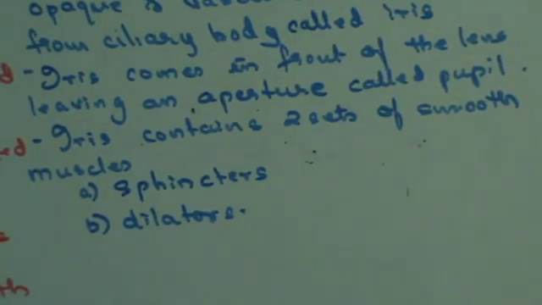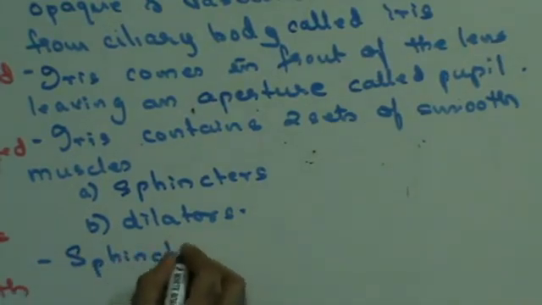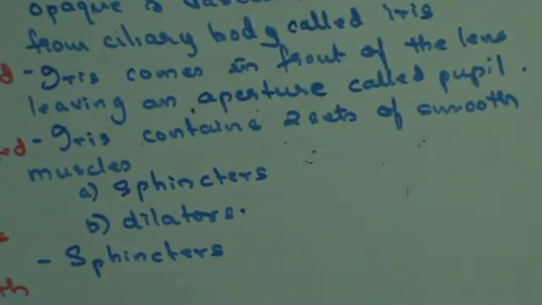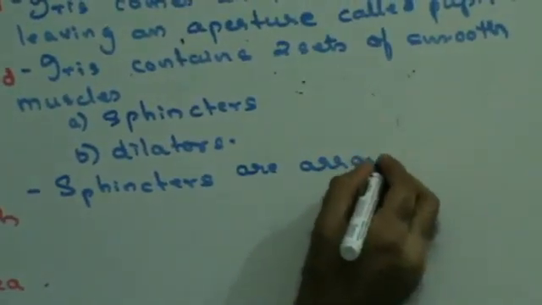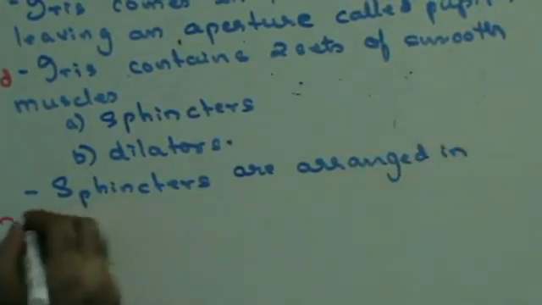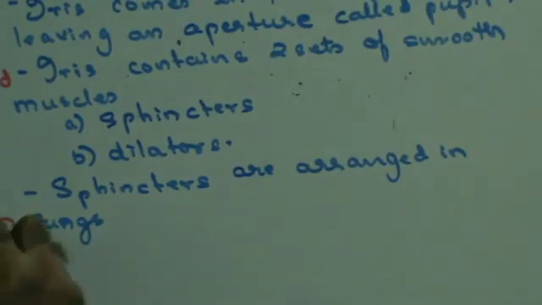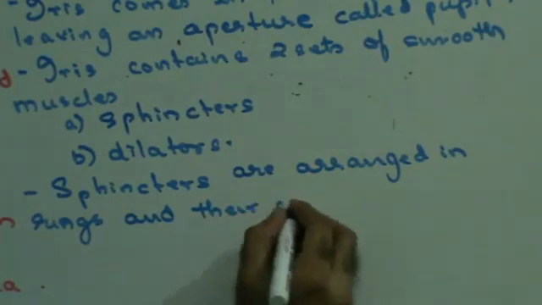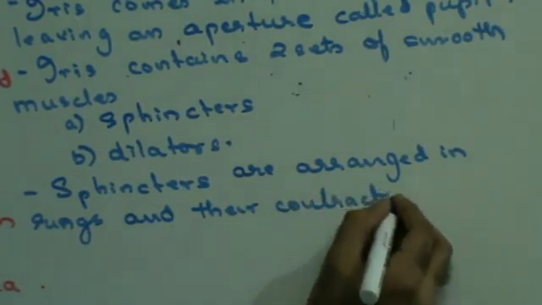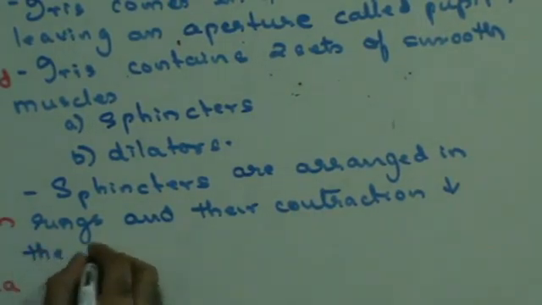Each of them has a specific function. The sphincters are arranged in rings, and their contraction decreases the size of the pupil.